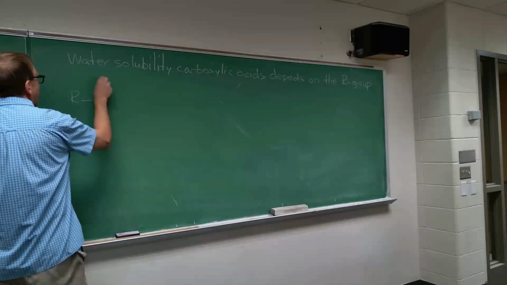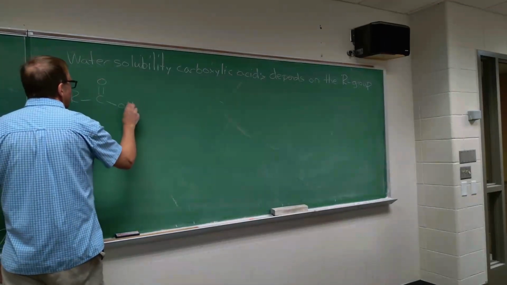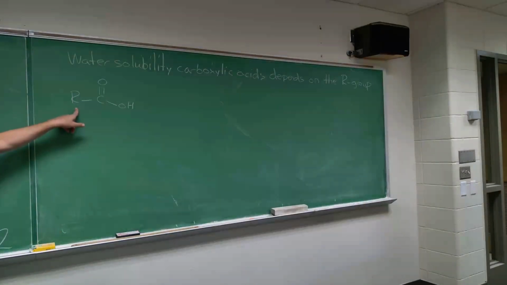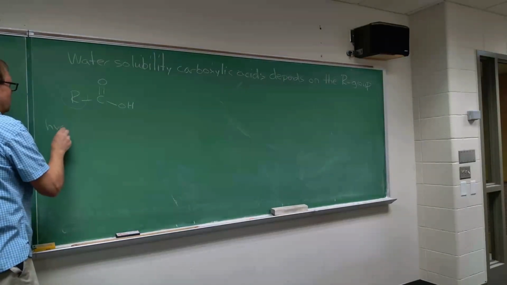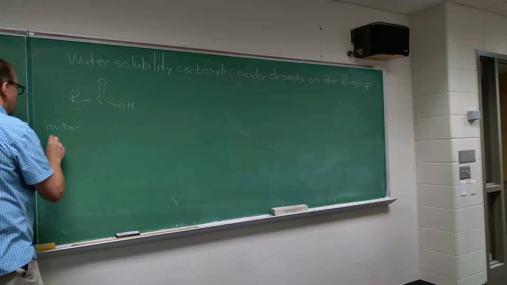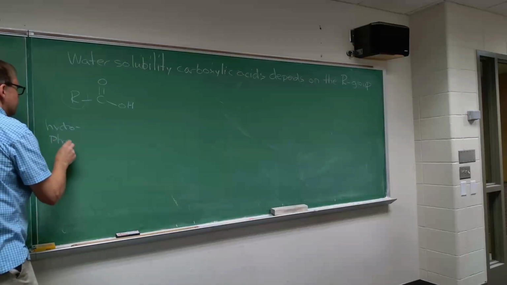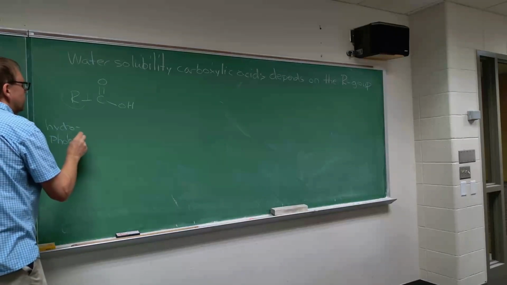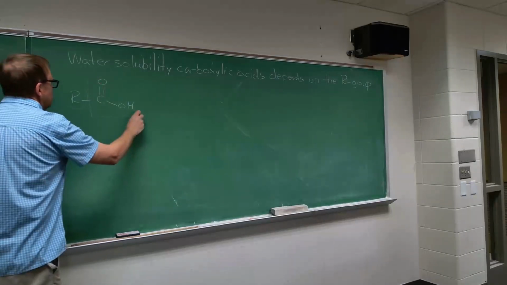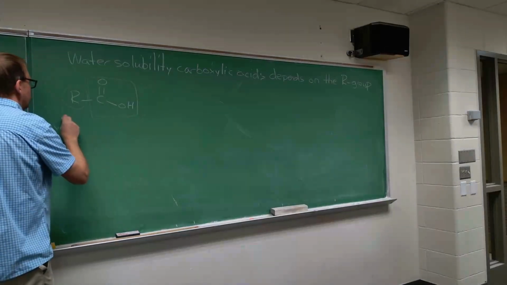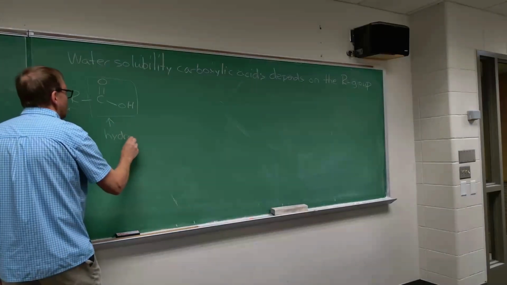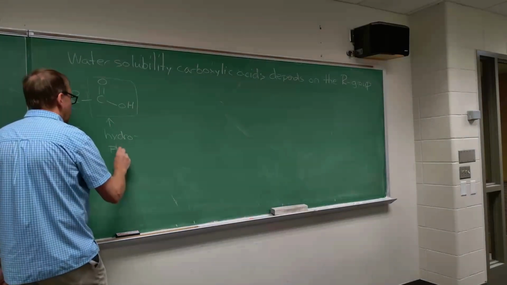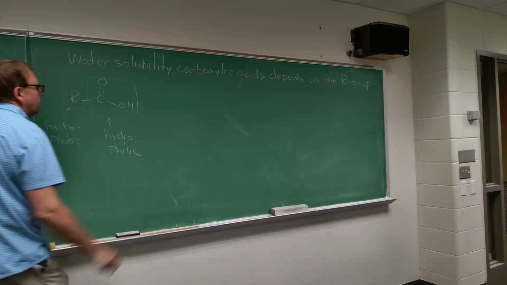Usually with carboxylic acids, the R group is hydrophobic, it's usually the case if it's an alkyl group. And this part is hydrophilic, meaning water loving.